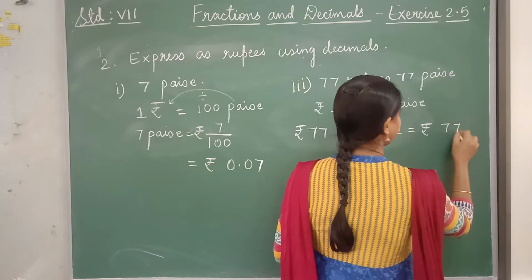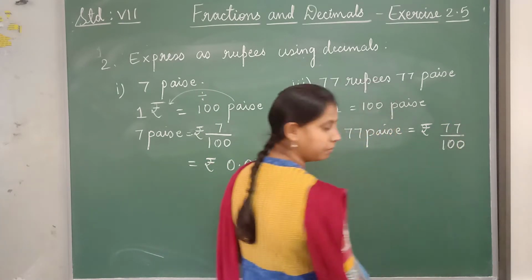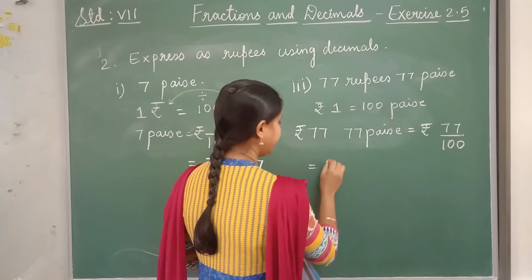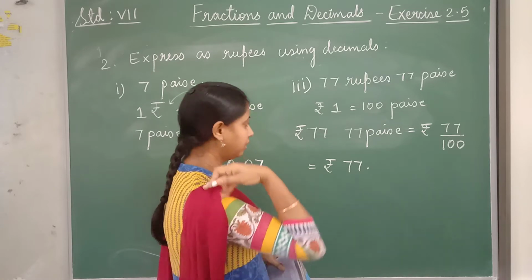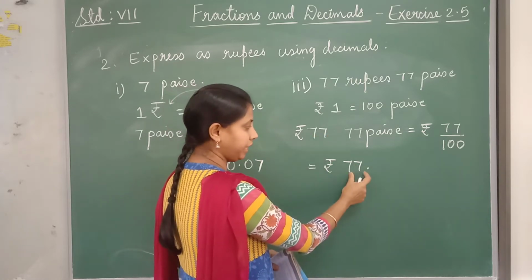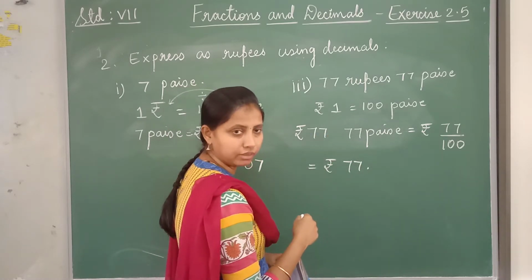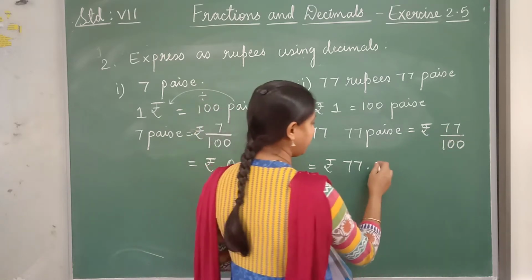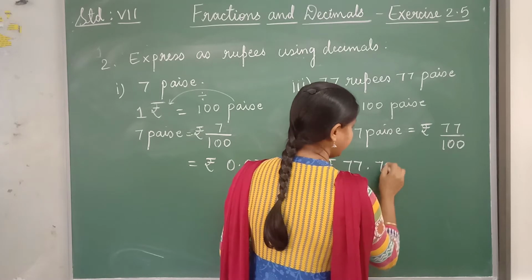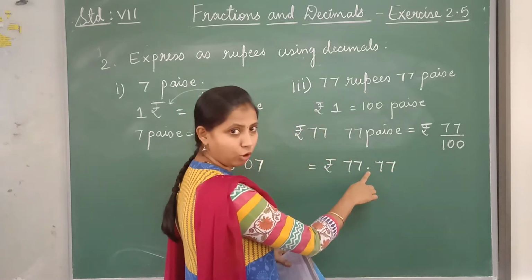So 77 upon 100. Yes, so you will get rupees 77 as it is, point. Because this is already in rupees, write it before the decimal point. Then 77 upon 100 is nothing but 0.77. The point we have already written here.